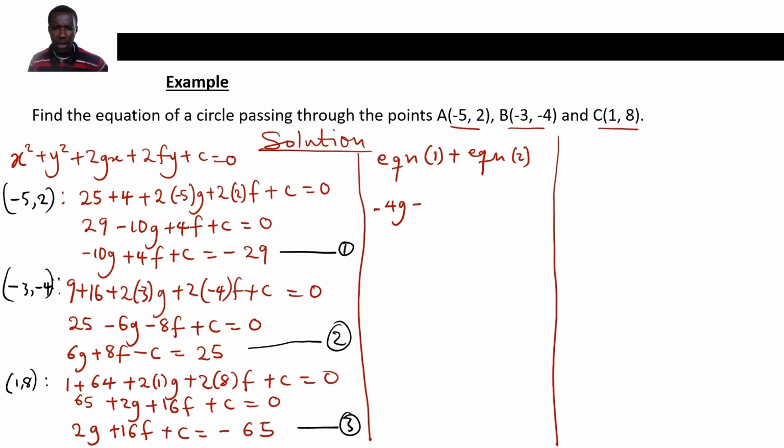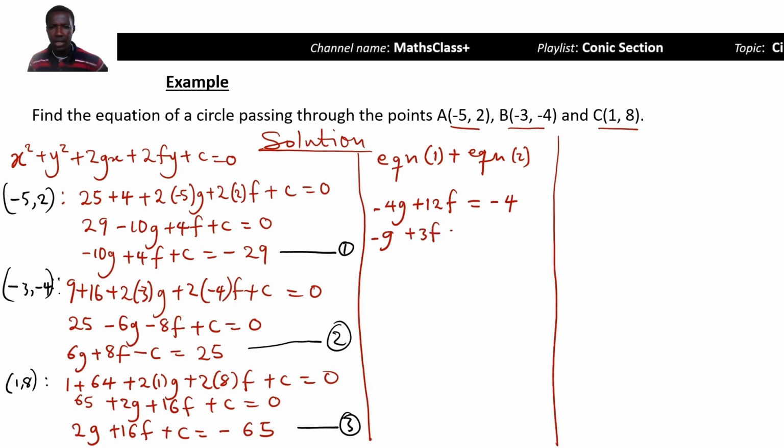That will give me plus 12f. But the c is going to be c minus c, so the c components will go. Negative 29 plus 25 will be equal to negative 4. So I can simplify that as negative g plus 3f is equal to minus 1, and I'll label that as my equation 4.